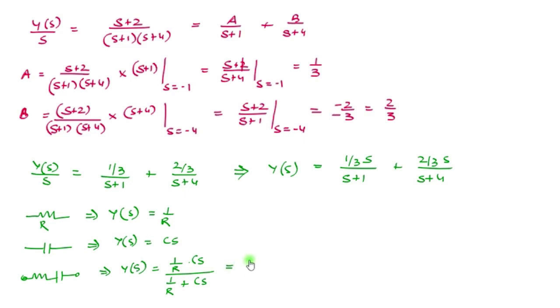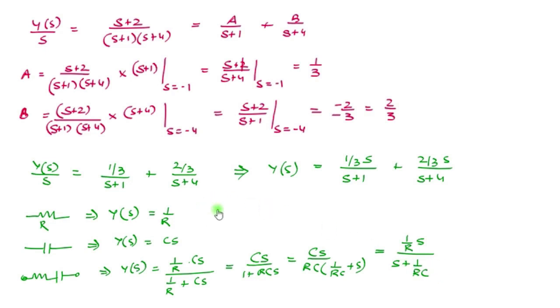On solving, I will get Cs/(1+RCs). Further solving it, taking RC common and cancelling this C with this C, I will get (1/R)s/(s+1/RC).